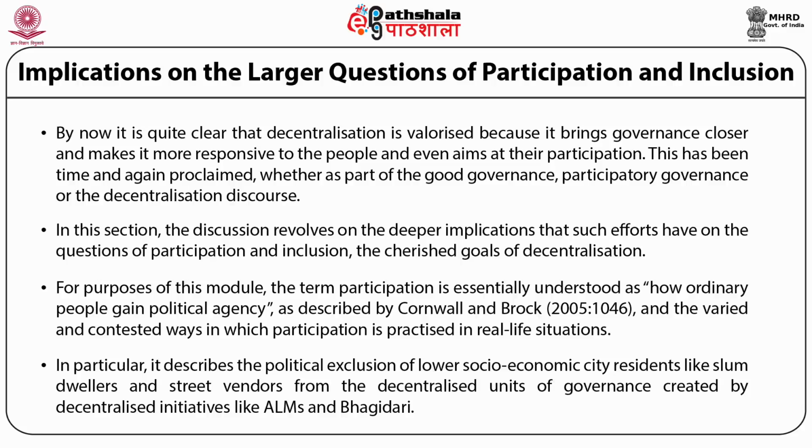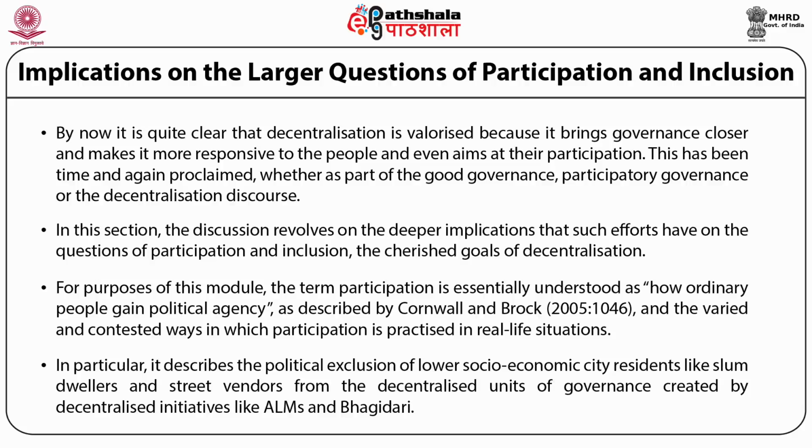This political exclusion is in turn linked to the sociological variable of class and that of status that derives from class. These sociological variables distinguish middle class and elite citizens who spearhead such associations from lower socio-economic city residents.